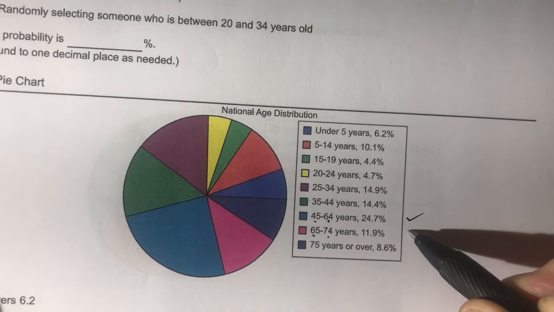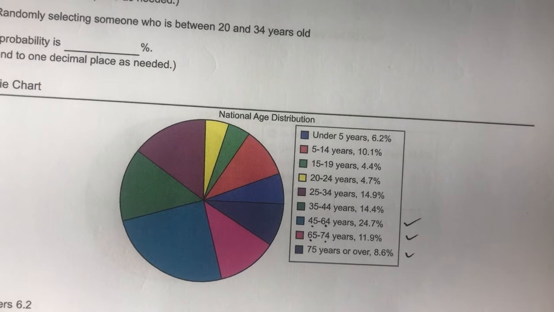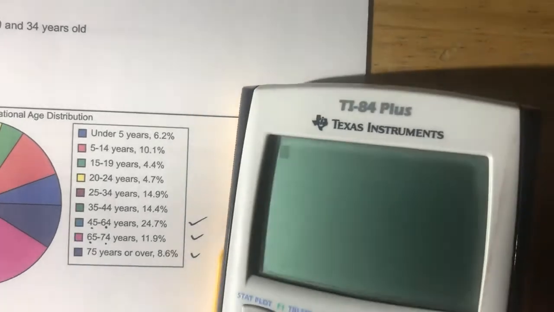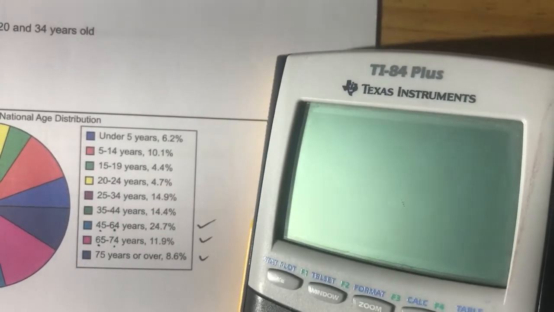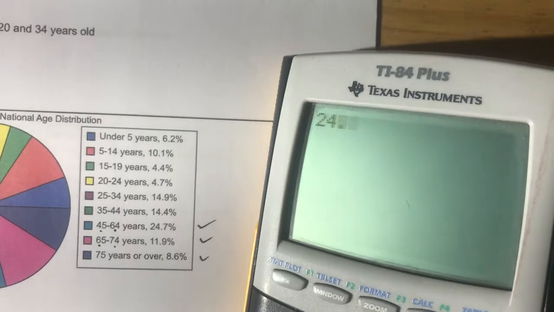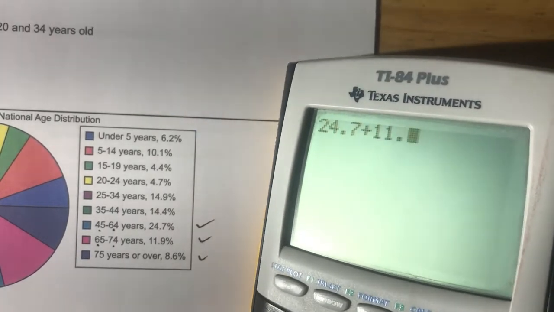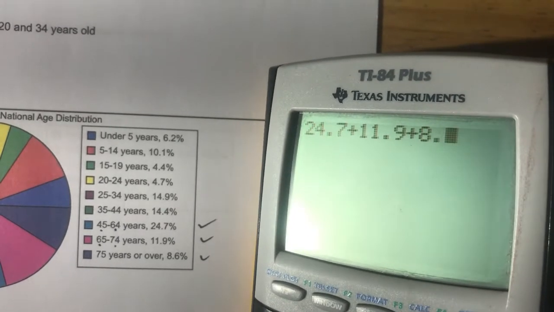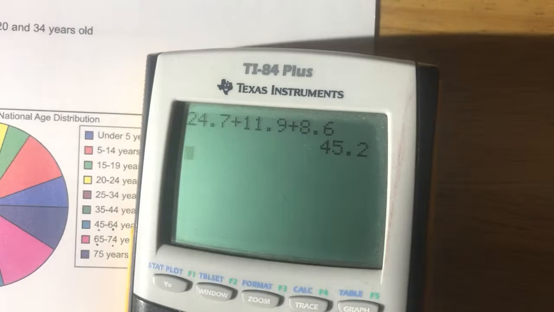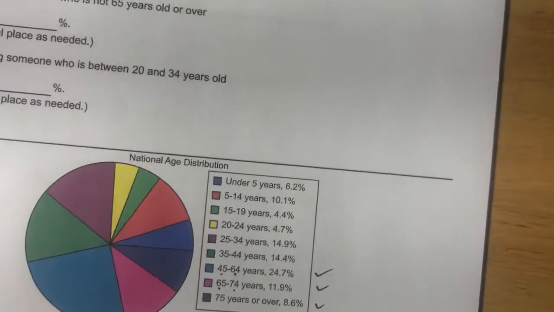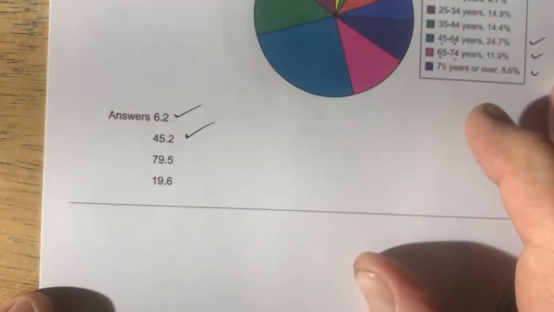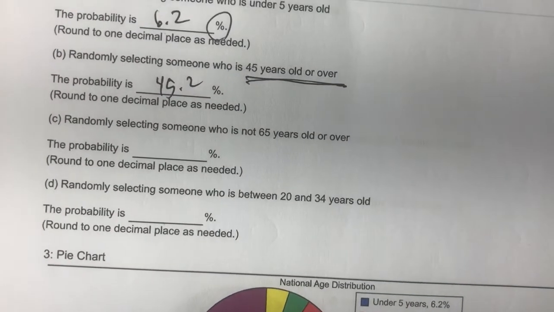It's going to entail all 3 of those, so I would add all 3 of them together. 24.7 plus 11.9 plus 8, I get 45.2. And I'm good on these first 2. You see my answers down here. All right, let's go to the next one.